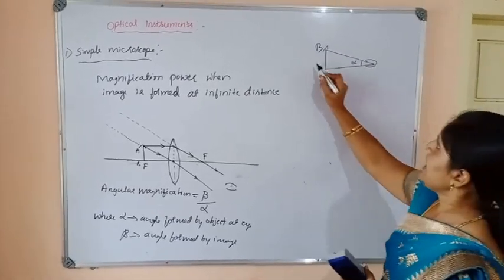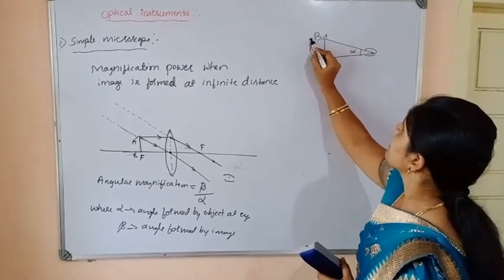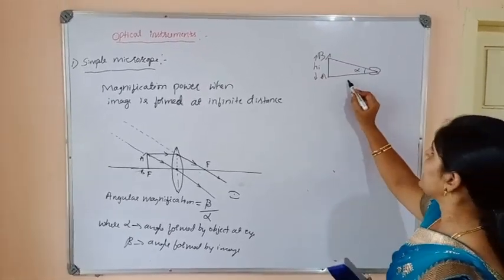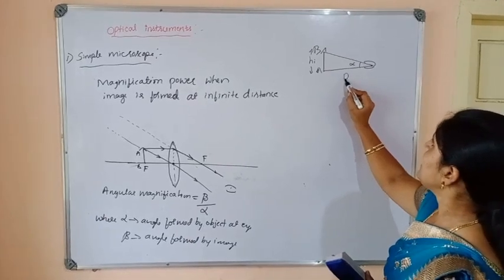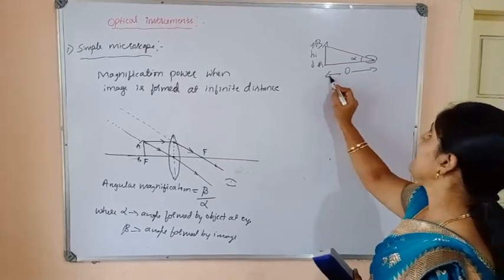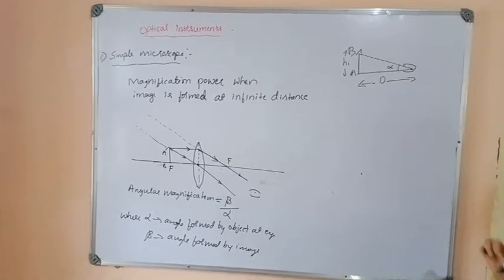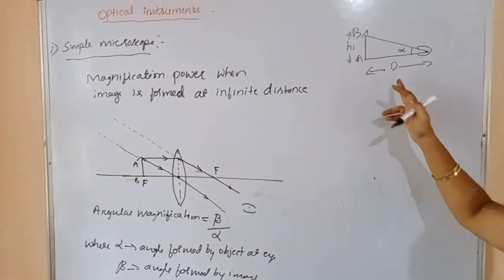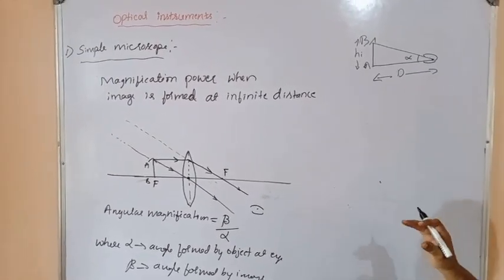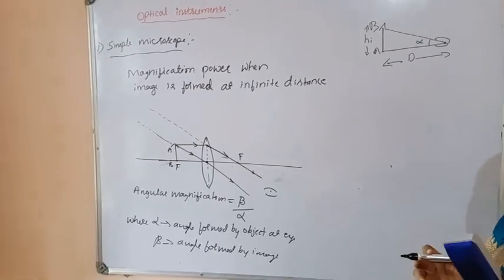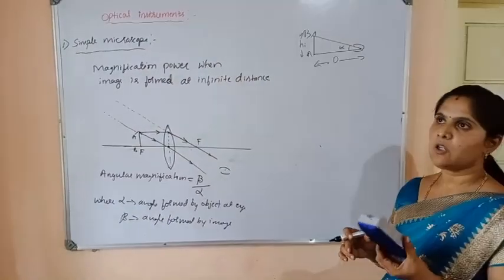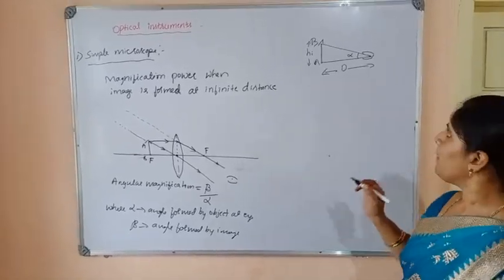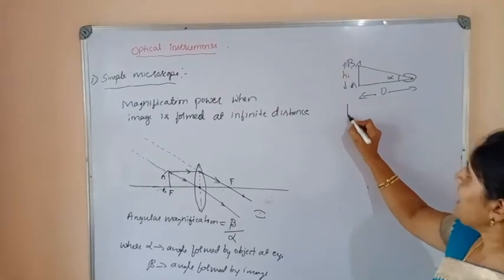This is the height of the object, HI, and this is the object distance, D. Here the object is placed at the least distance of distinct vision. The object distance is U, but the object is placed at the least distance of distinct vision, that is D. The least distance of distinct vision is the distance at which an object can be seen clearly by the naked eye, and for a human being it is about 25 centimeters. So we define tan alpha here.